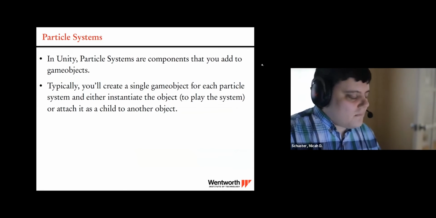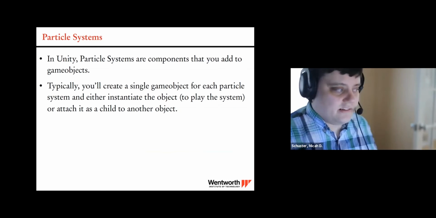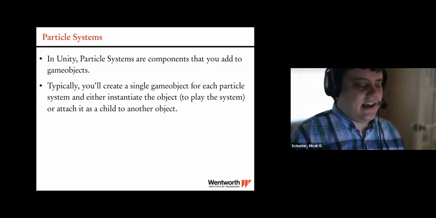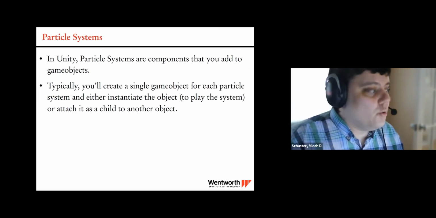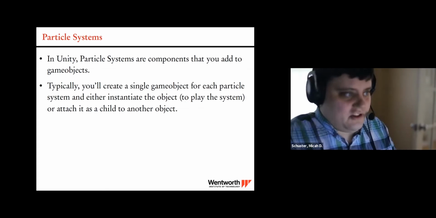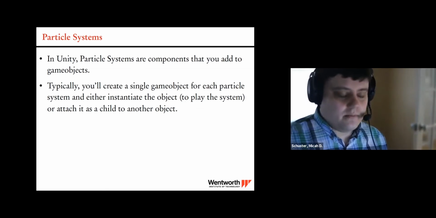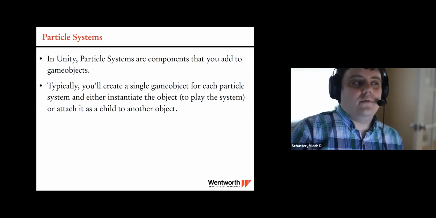So in Unity, a particle system is just a component, just like everything else. It's a component that you add to a game object. For certain types of effects, like explosions or some sort of death effect, typically you will add it to just a standard game object. So you create an empty game object, add a particle system to it. And then you can make it a prefab, just like what we did with the enemy.